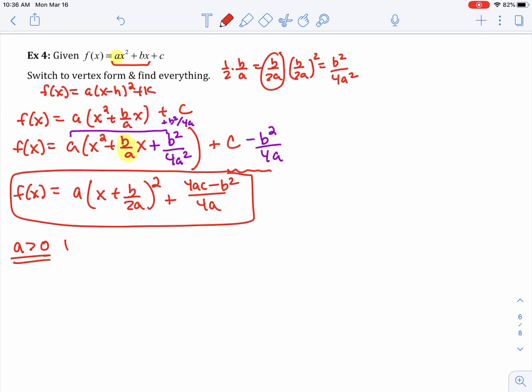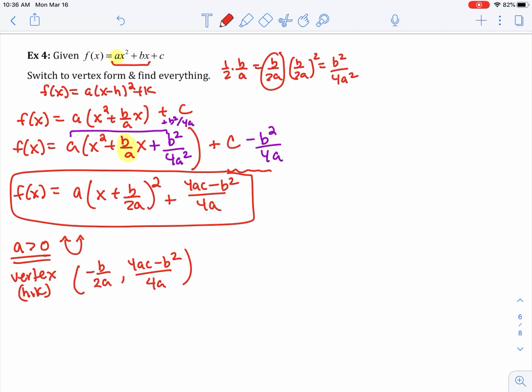If a is a positive number, then we know that our graph would be opening upward. We know our vertex is that h, k, whatever's in the h position and the k position. So our vertex here would be negative b over 2a, comma, 4ac minus b squared over 4a.